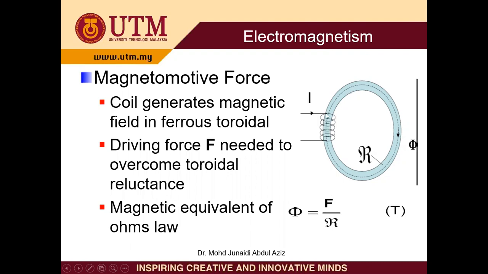This force will induce a flux inside the material, but the amount of flux flowing depends on the reluctance of the material. As you can see here, it resembles the electrical circuit.